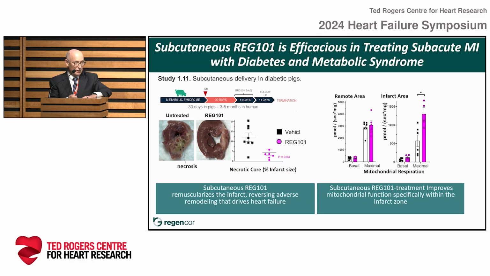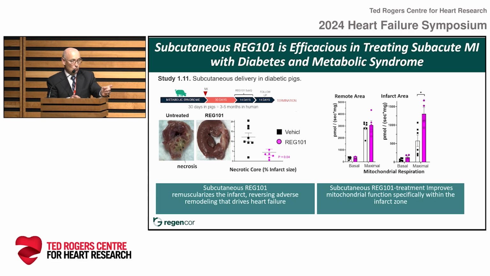So we set up a company called Regencor to focus on the unglycosylated form, generated by mutating the sites for glycosylation. When we put that into mice, rats, or pig models of acute MI, it indeed improves function after MI, and it is regenerative. It increases muscularization and reduces scar.